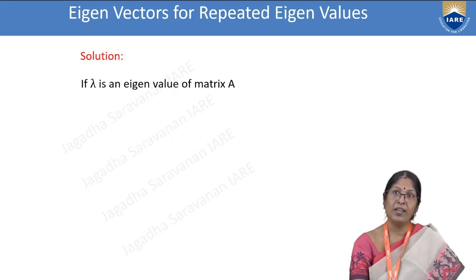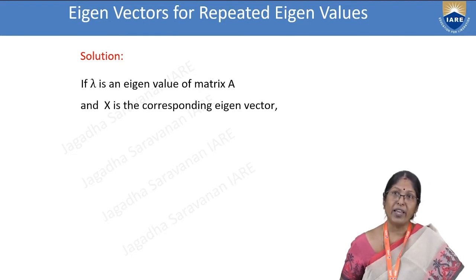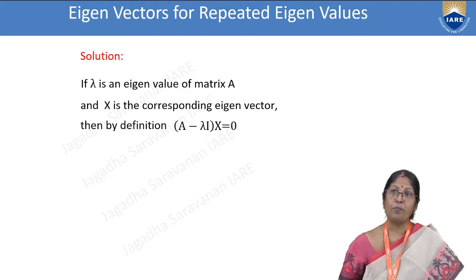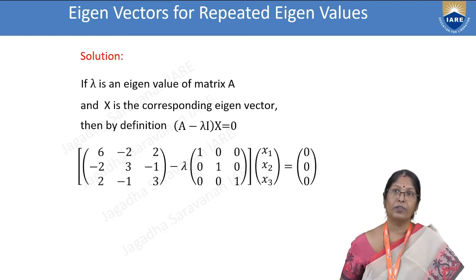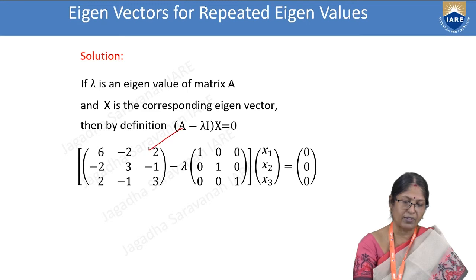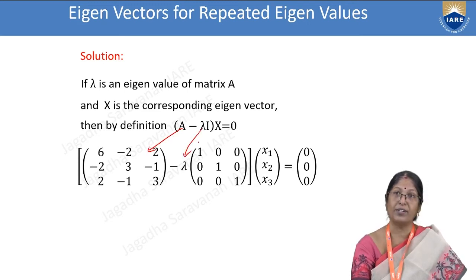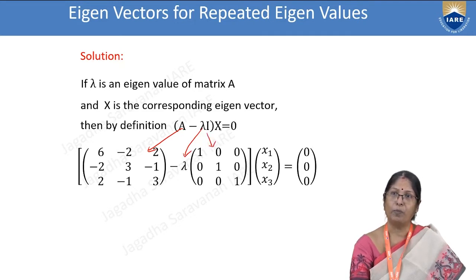If lambda is the eigenvalue of our given matrix, and capital X is the corresponding eigenvector, then by the definition, (A minus lambda I) X equals 0. A is the given matrix, lambda is written as it is, and I is the unit matrix.